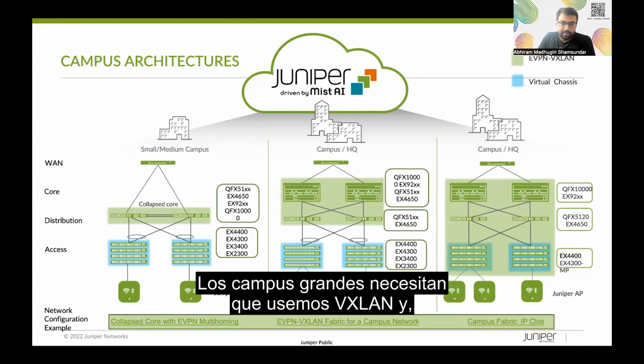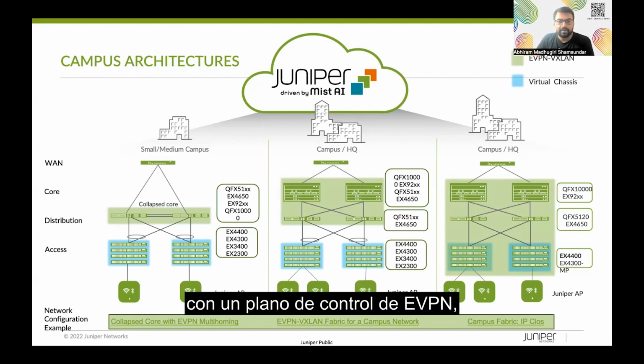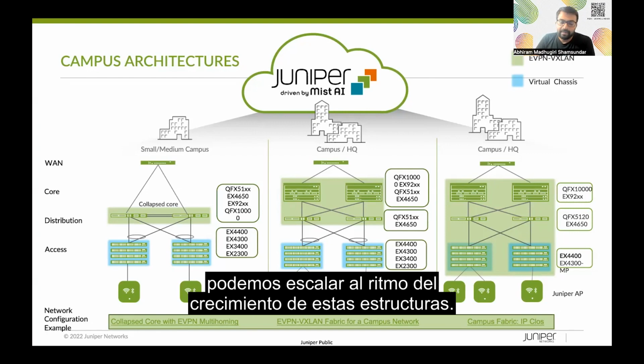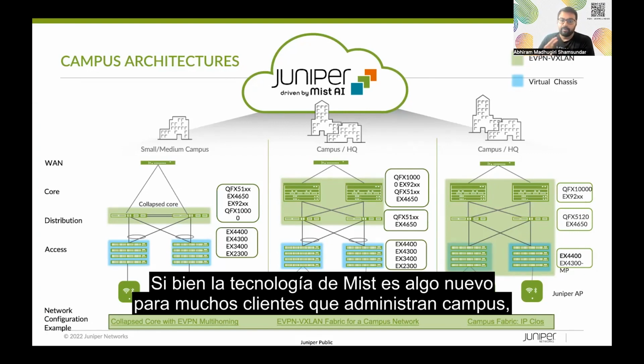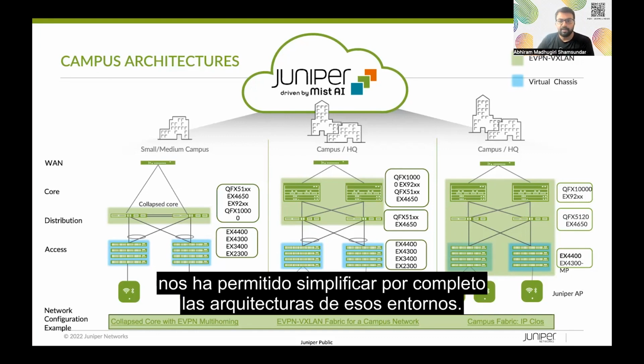Now there is a need in large campuses for us to use VXLAN, and with a control plane of EVPN, we're able to achieve scaling to the tune of larger and larger campuses. With Mist, although the technology is new for a lot of campus customers, we've made the ability for us to configure these campus architectures simple.